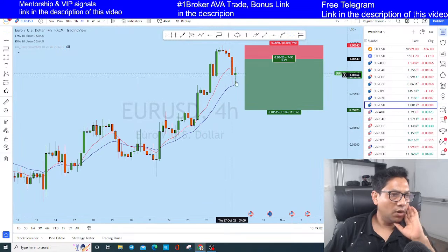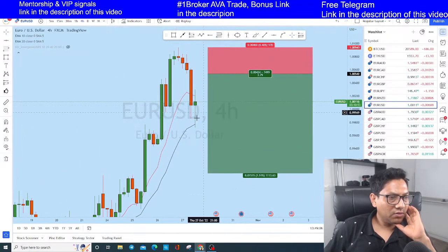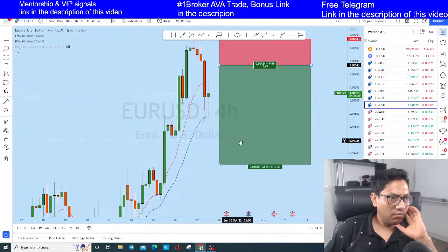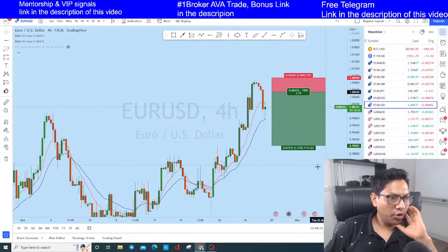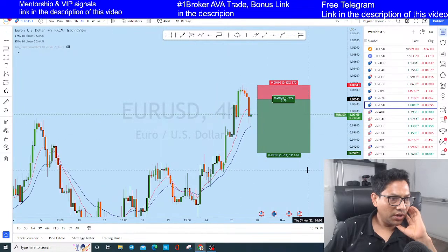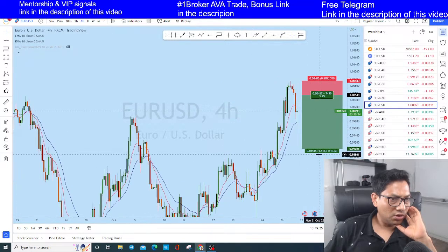Yeah, so what I want, in fact, on euro dollar, is to see if this candle becomes very weak, that is where we could potentially see the price slowly coming back down. But from this support zone, we have seen a rejection on euro dollar.